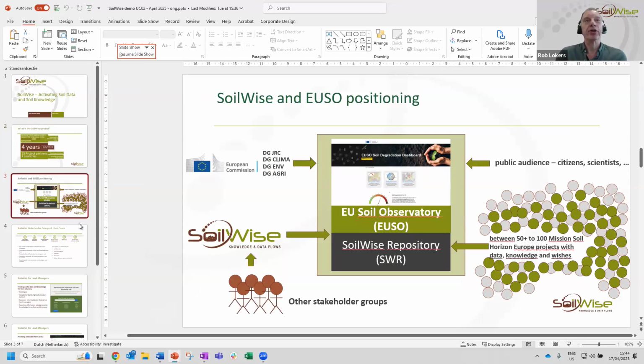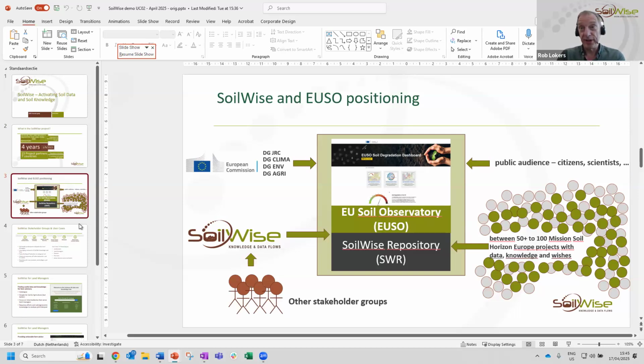Looking at SoilWise, this is a picture of how it works. On the right side, you see a lot of Mission Soil projects, European projects currently running on soil health, and they all produce data and knowledge. One of our goals is to collect that data and knowledge and bring it together so it's accessible from one point.